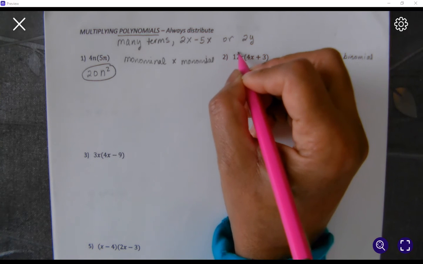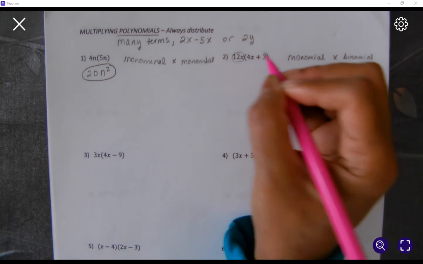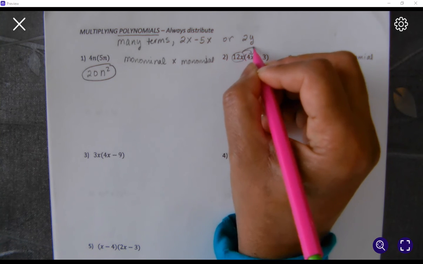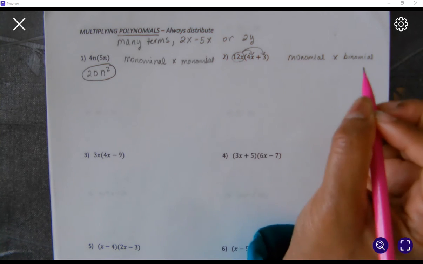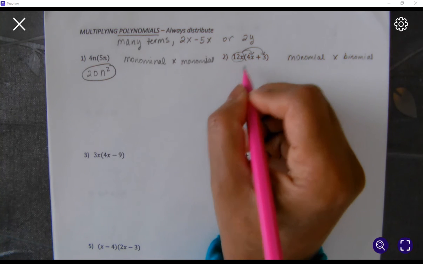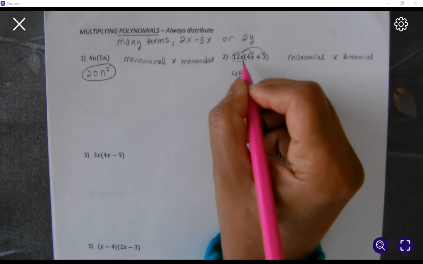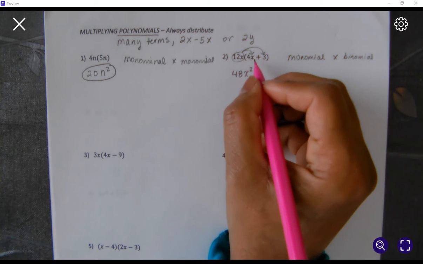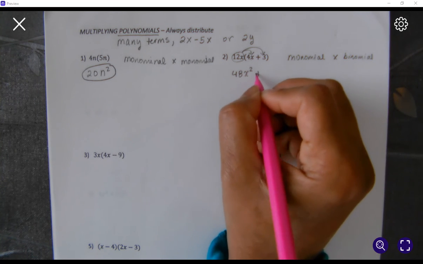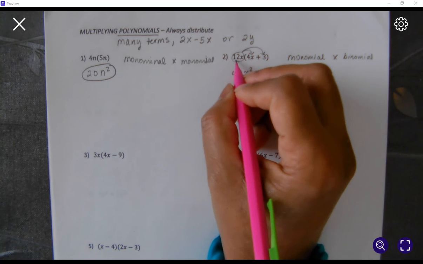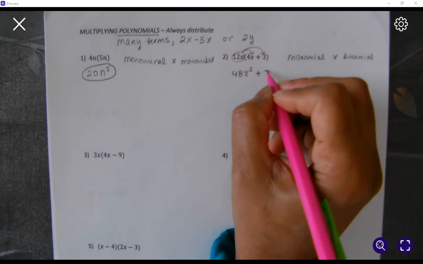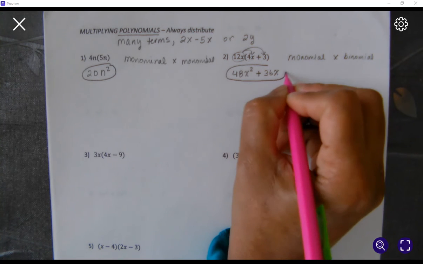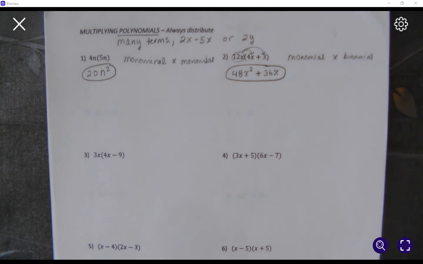We're going to distribute 12x to 4x, and then we're going to distribute 12x to 3. So you do 12 times 4, which is 48, and then x times x is just x squared. Make sure you have an addition sign or a subtraction sign. 12 times 3 is 36, and then you have your x. That is my final simplified answer.